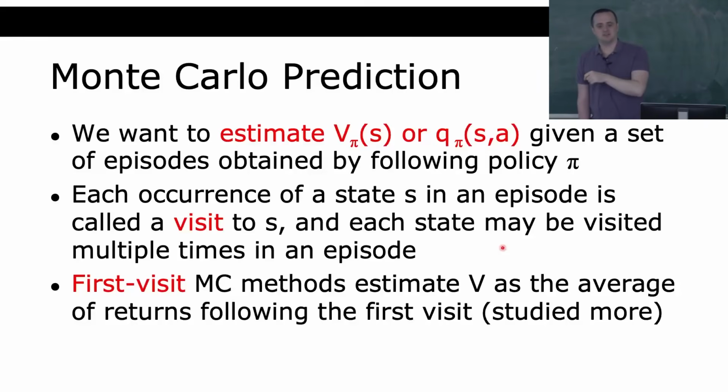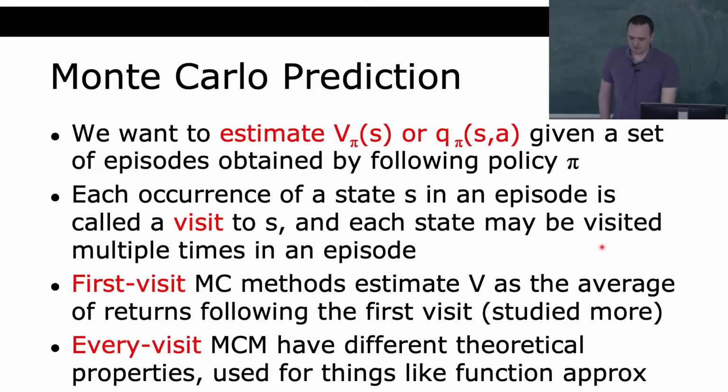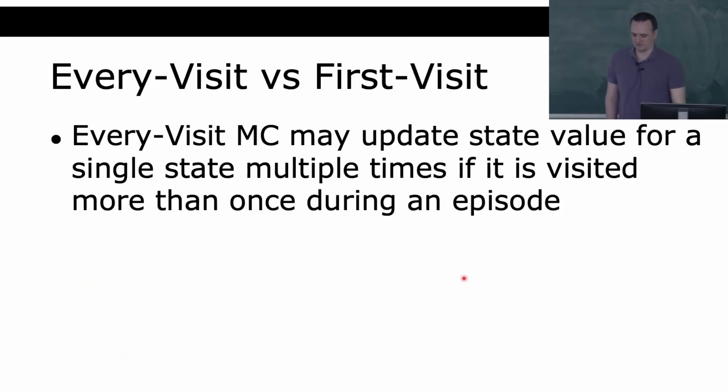If that's the case, then there's another algorithm called first visit Monte Carlo, which estimates it as the average of returns following the first visit. Every visit Monte Carlo methods have different theoretical properties than first visit, and I'm not going to get into all of those details because they don't matter, but I just have a few comments.